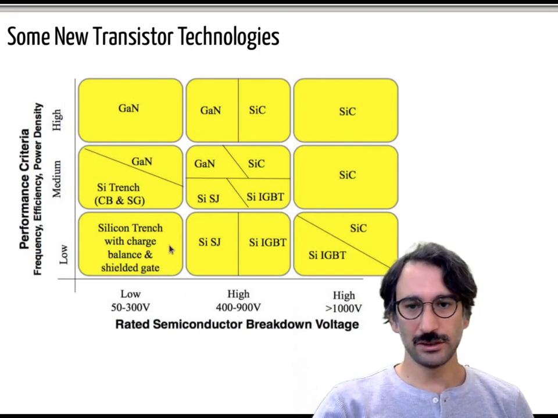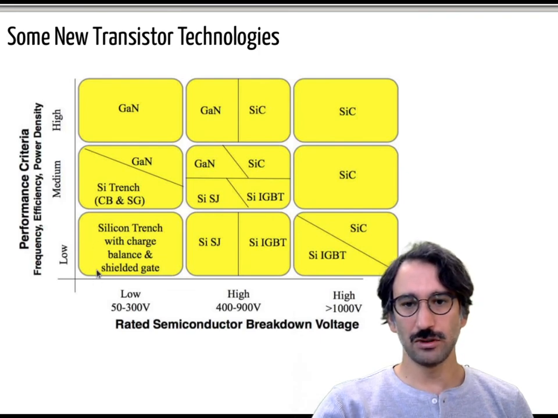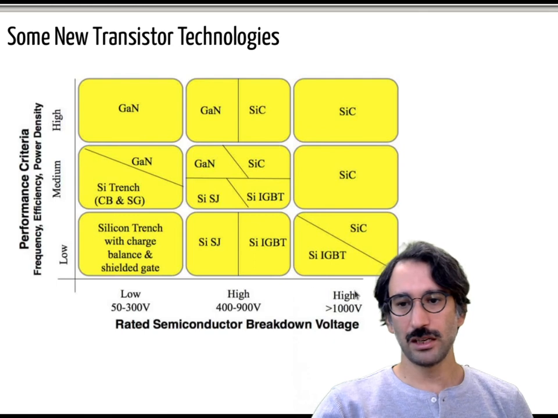But anyway, if you are working at low performance and low voltages, we can have the normal silicon MOSFETs, that kind of thing. And if you are going to higher voltages, and performance is not that important, you have the IGBT transistors.